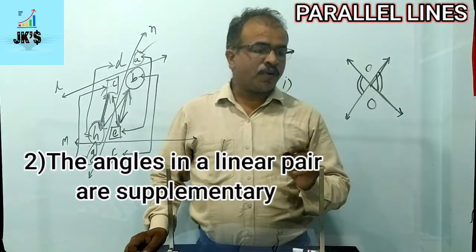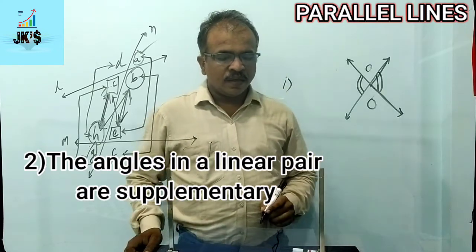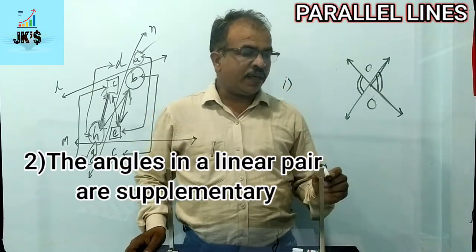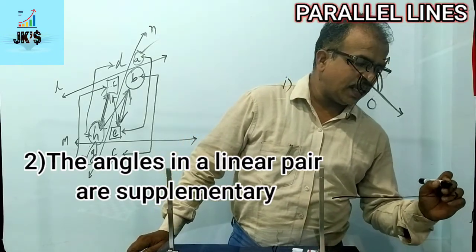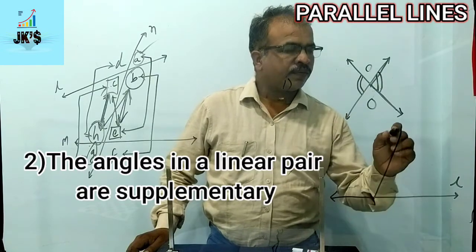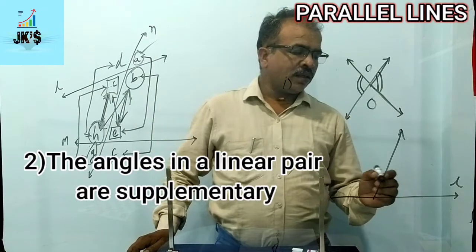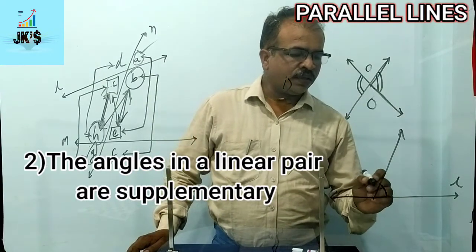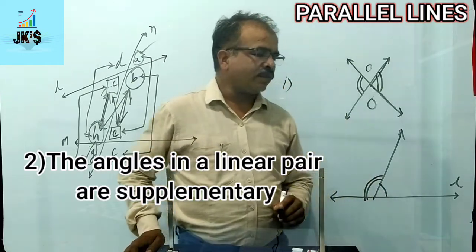Then the second property: the angles in a linear pair are supplementary. Suppose this is a line L and this one ray, due to which two angles are formed.